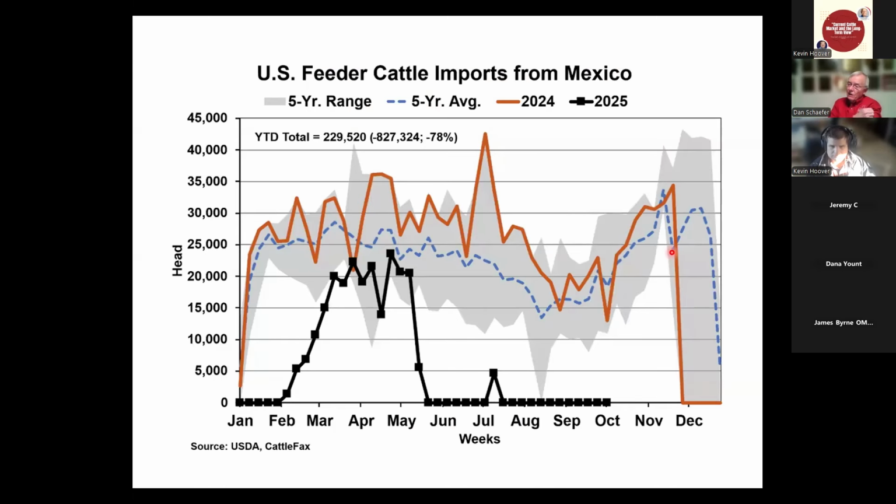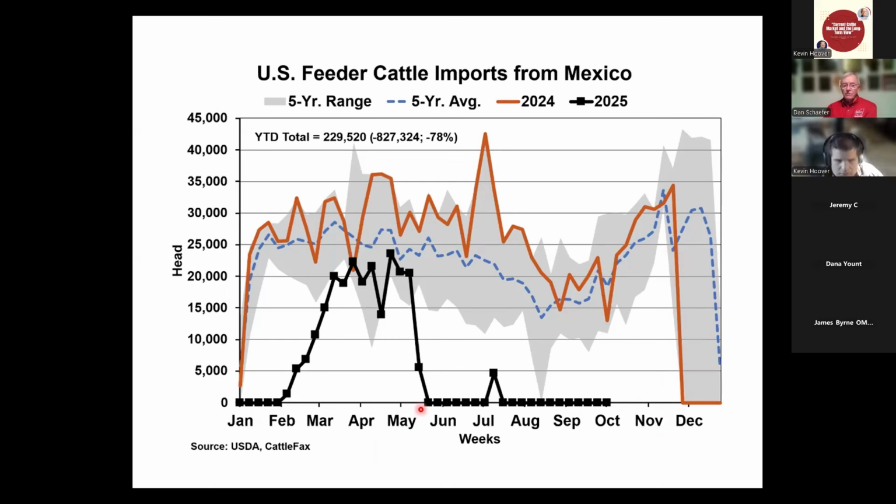This is a slide regarding the importation of feeder cattle from Mexico. The border was closed to the importation of cattle from Mexico in November of 2024. Then it was briefly reopened in the spring months, and it was reclosed again in June. We import approximately on an annual basis 1.25 million feeder cattle from Mexico.